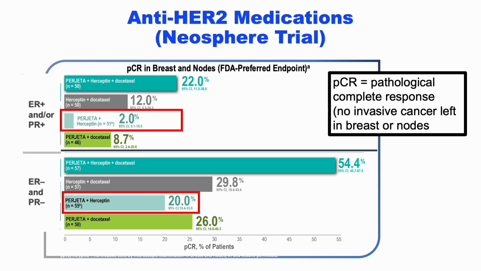But what you see, importantly, is that although there is response, there's a modest PCR rate for every category of patients. For those that received the antibodies alone, Perjeta and Herceptin, but no chemotherapy, although there was a response, those patients had the lowest rate of response, regardless of their hormone receptor status.